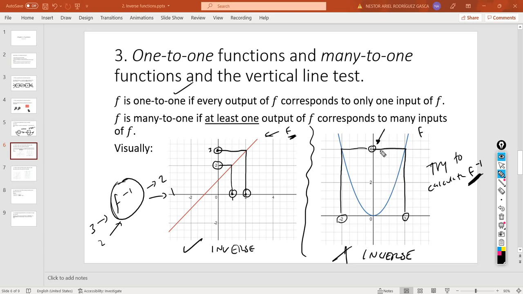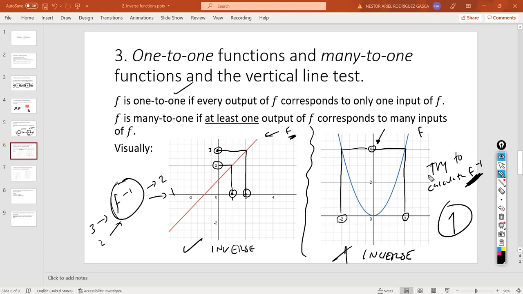If you give f inverse the number 4, how does it decide what output to give you, the number 2 or the number -2? Because f inverse is a function, and if you put any input into it, it should give you only one output. It cannot give you both the 2 and the -2, because then this wouldn't be a function.